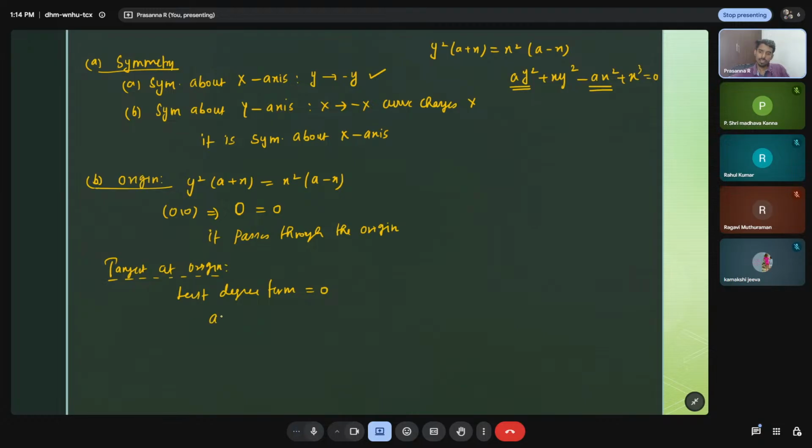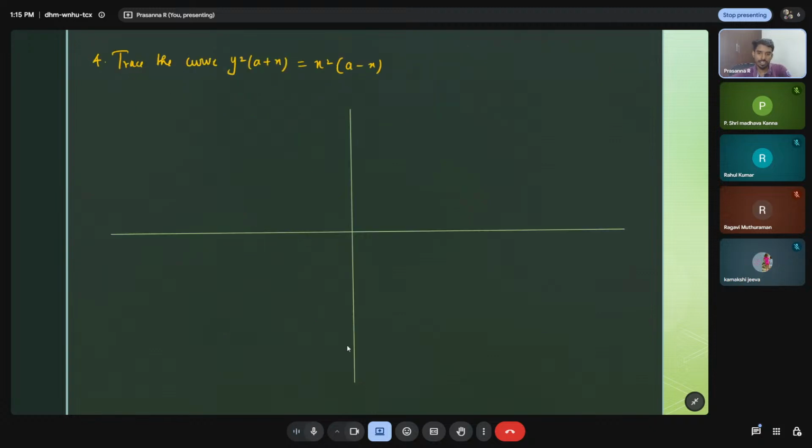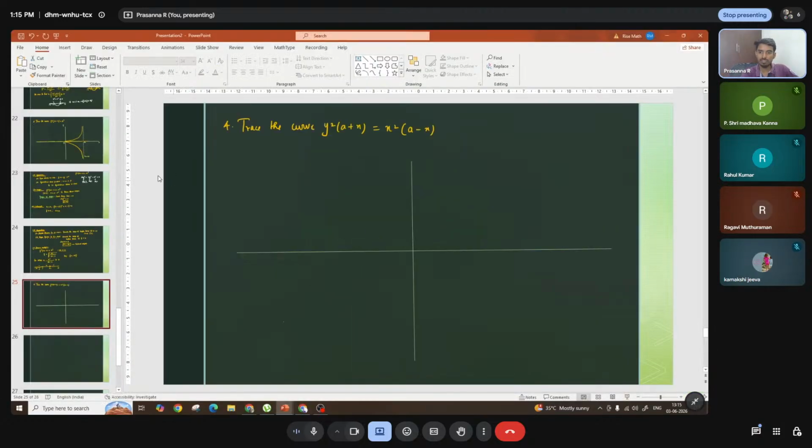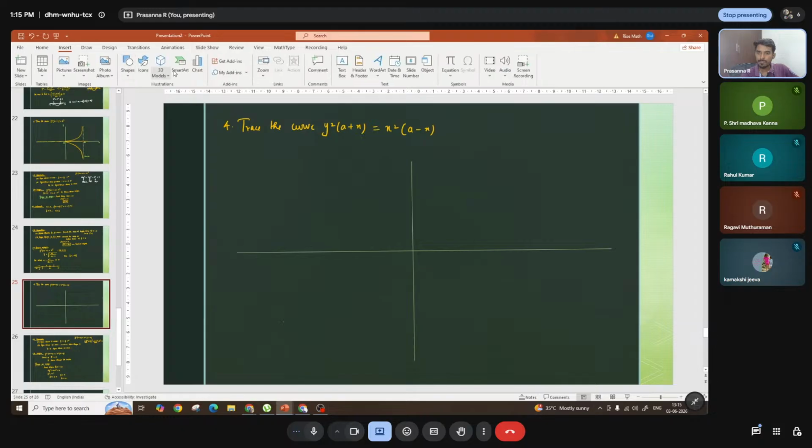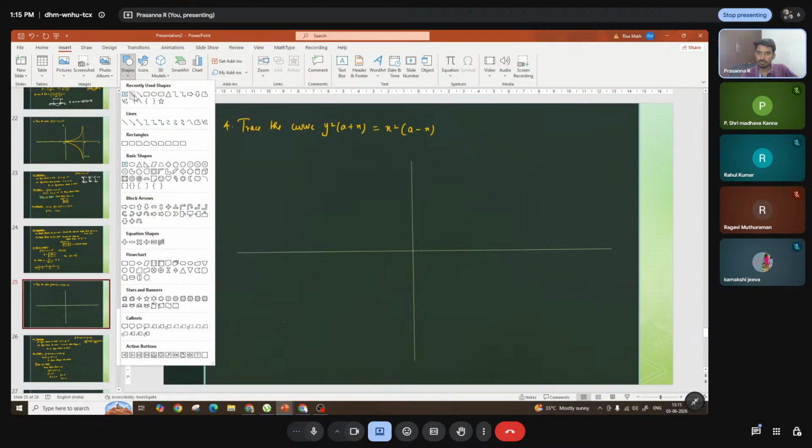So ay square minus ax square is 0. That means y square is x square, so y is plus or minus x. So y is equal to x and y is equal to minus x. Both are tangents at origin.